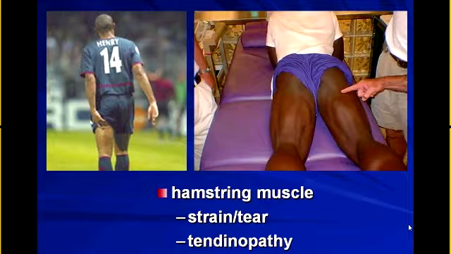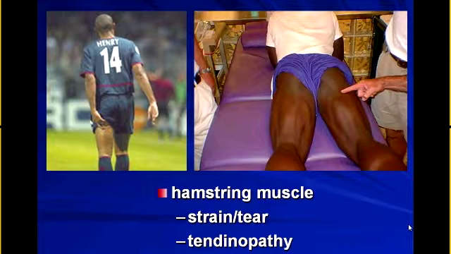Normally, a hamstring injury will not have a joint problem, but remember that if the patient felt a pop and the pain is more over the ischial tuberosity, it's very possible, especially in an adolescent, that they actually avulsed the ischial tuberosity and that it's not a mid-substance tear.